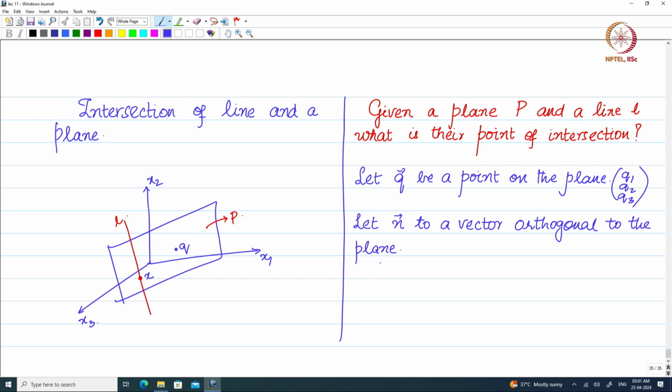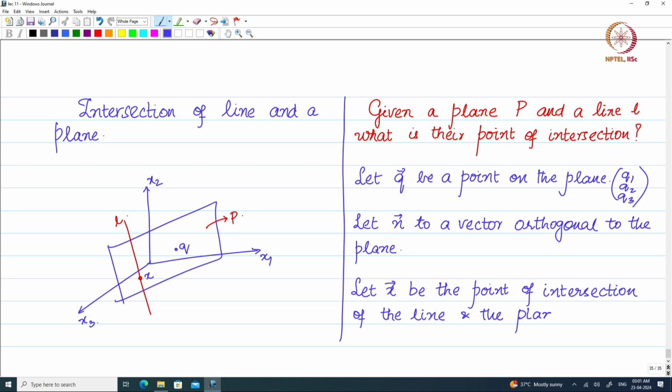Let x be the point of intersection of the line and the plane. Since it is the point of intersection, x must be on the plane.